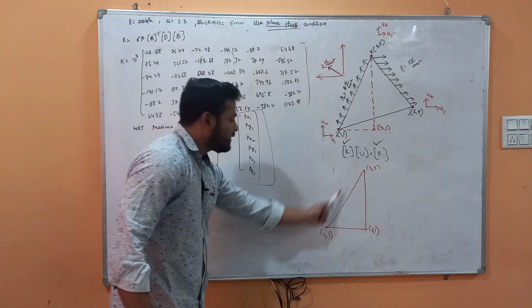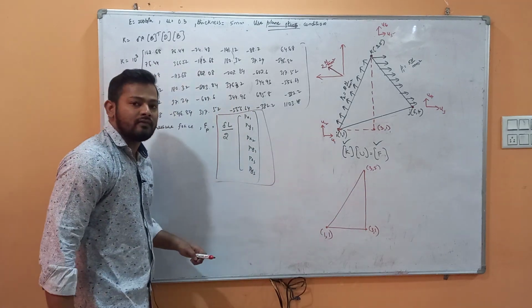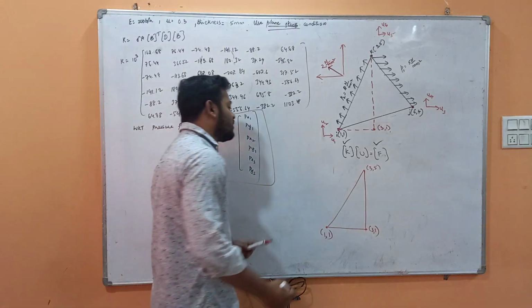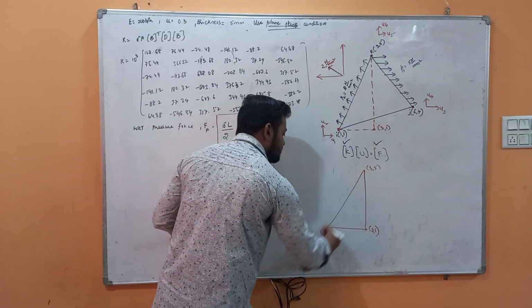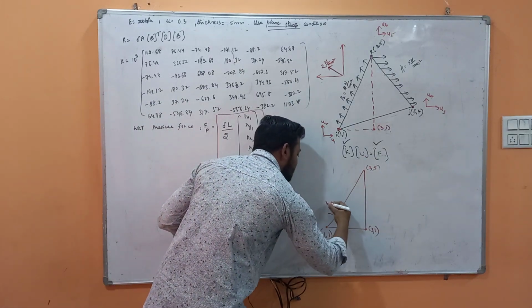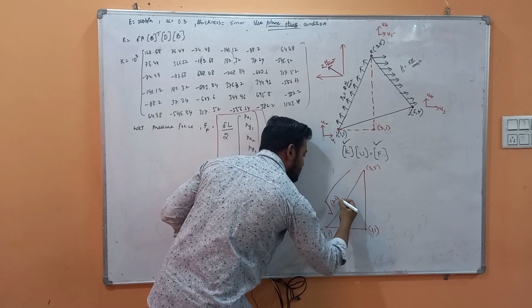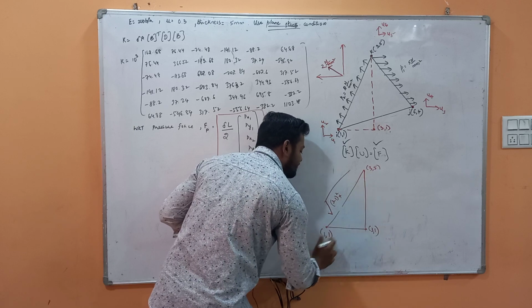I can find out this side. The formula for length of a line is under root of x2 minus x1 whole square plus y2 minus y1 whole square. So the length of this line will be under root of 3 minus 1 whole square plus 5 minus 1 whole square.